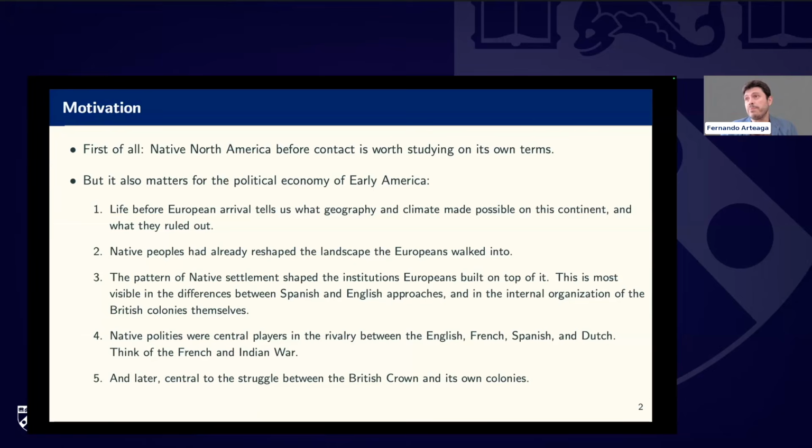And this is also important: when the English or the Europeans arrive, we will not be talking a lot about the French, who are also relevant, but when the French and the English arrive, and also the Spanish in the south, they had to contend with these Native American societies. And let me stress something that I think is super relevant: sometimes, in our neglect of pre-Columbian societies, we tend to imagine life before Europeans as some sort of idyllic state in which everybody liked each other and they all cooperated.